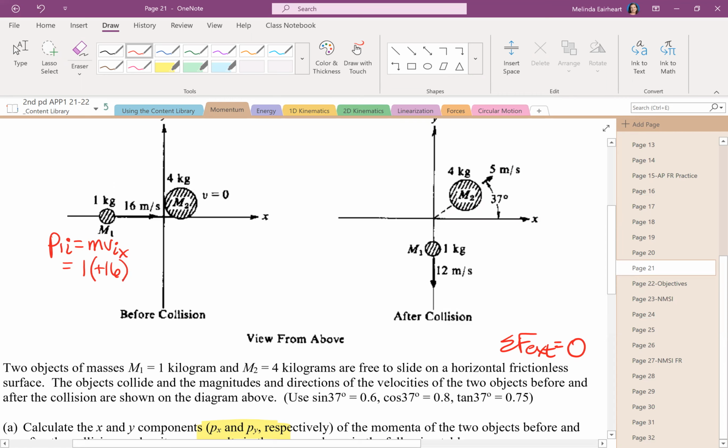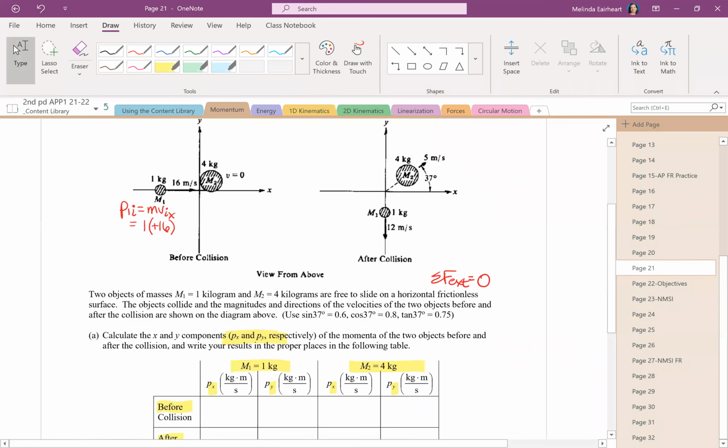Did they define the positive direction? No, so we'll just go with standard sign convention. Up and right will be our positive. That's usually the norm, unless you have a good reason to change. And so 1 times 16, we're going to get 16 in our first square on the table.